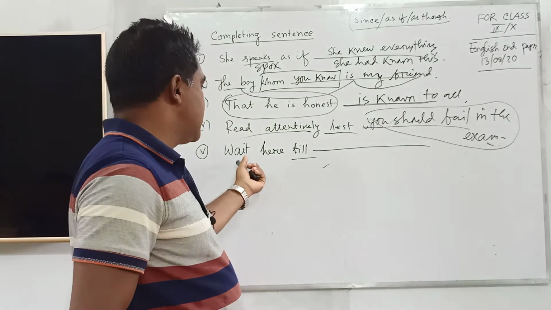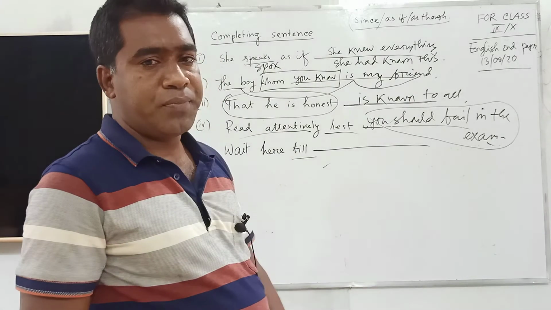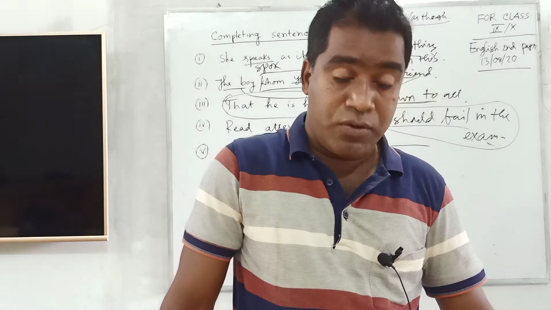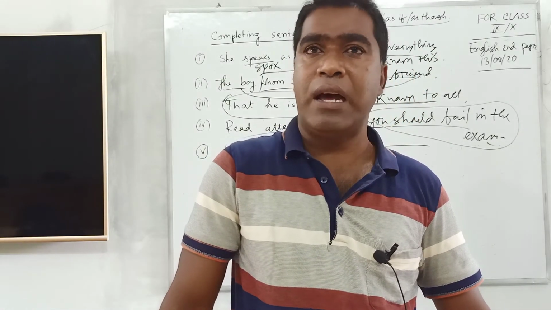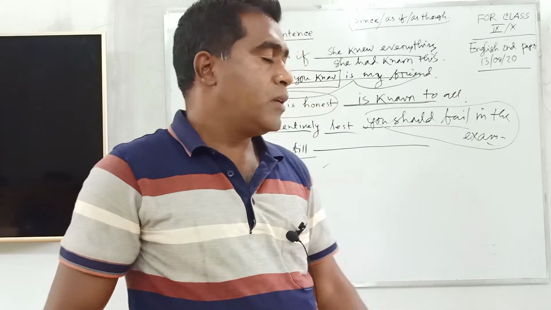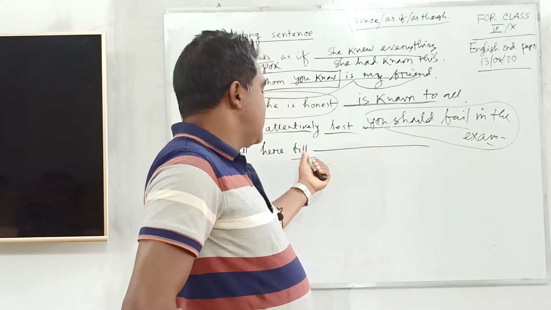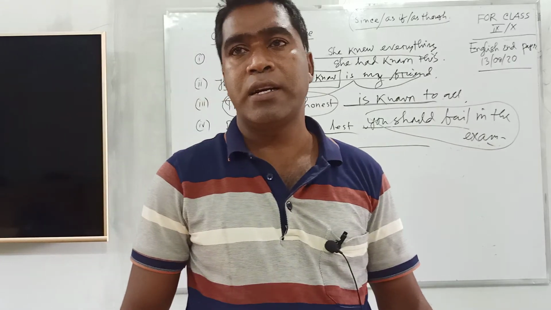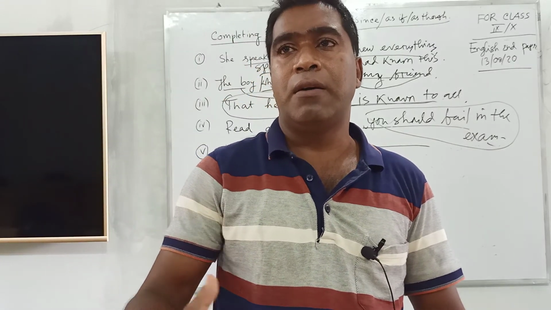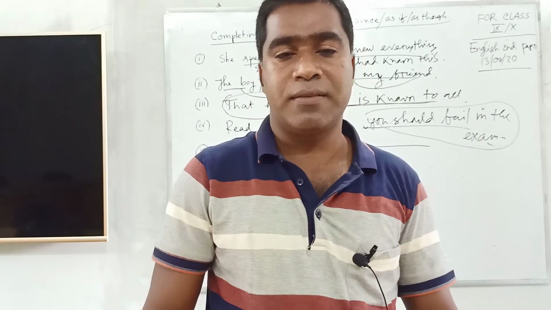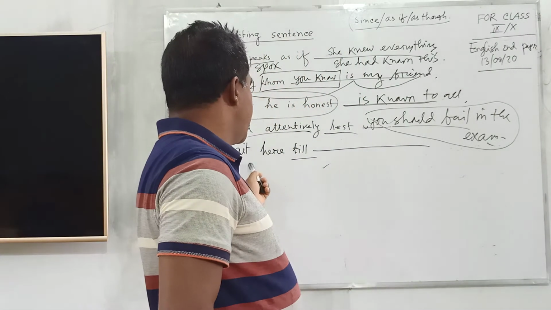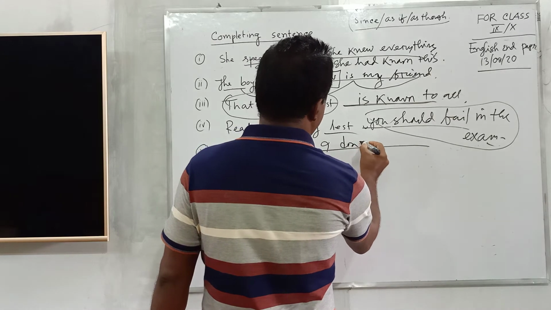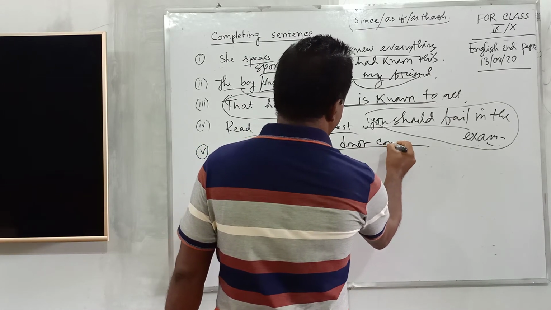Next sentence, "wait here till," and you must try to know about the use of till, until, unless. If you use "till" in a sentence, you must use the negative sentence in the blanks. Okay, suppose, wait here till I do not come back.